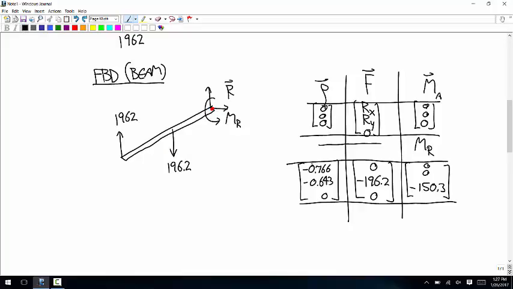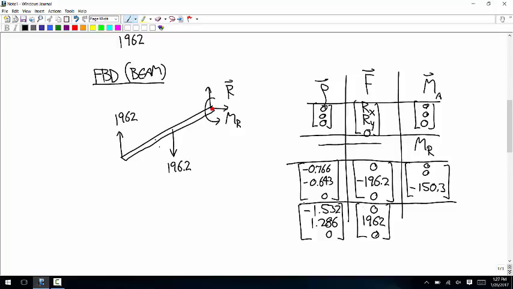So what's that? 1.532, and 1.286, 0. And then the force vector is upwards, 1962. So 0, 1962, 0.